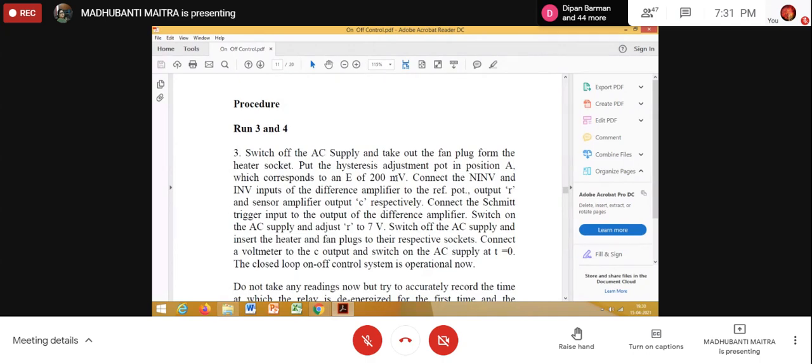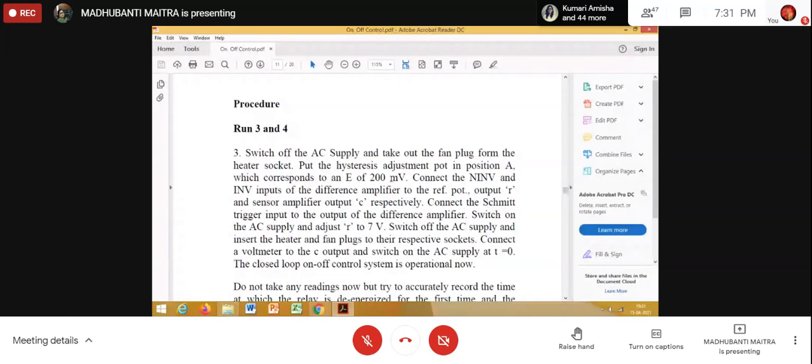And 400 millivolt implies a temperature band of 4 degrees centigrade, and 200 millivolt is equal to 2 degrees centigrade, isn't it?